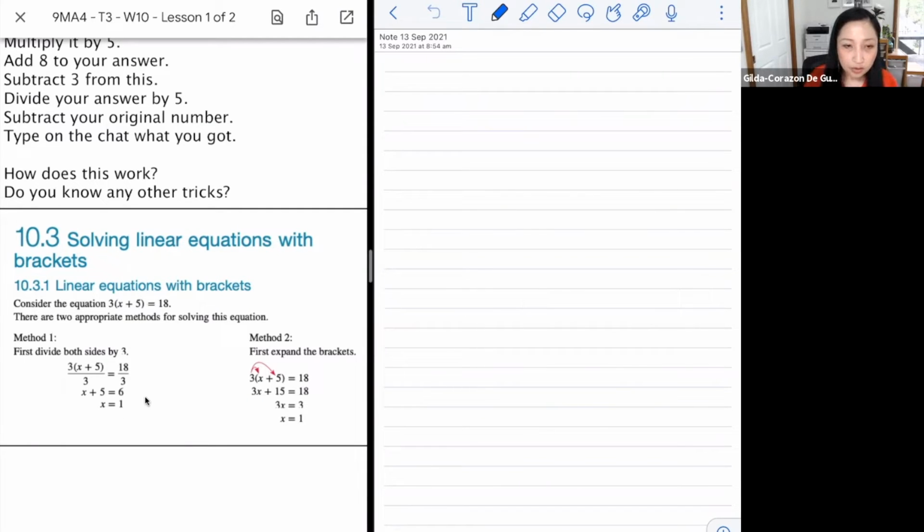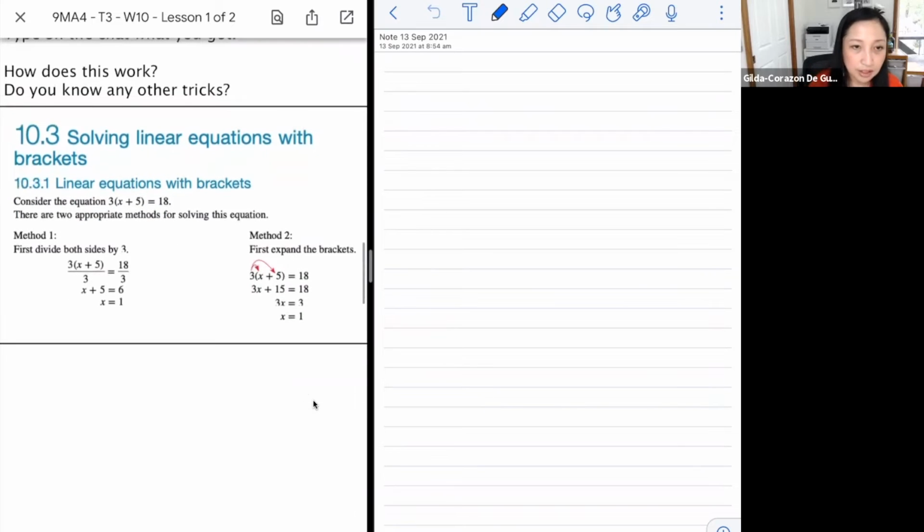Okay, now these two methods, you can do them in all equations that look like this, but one would be better than the other, in terms of what number you have on the outside, and what the relationship is of that number on the outside to the number here on the right side.